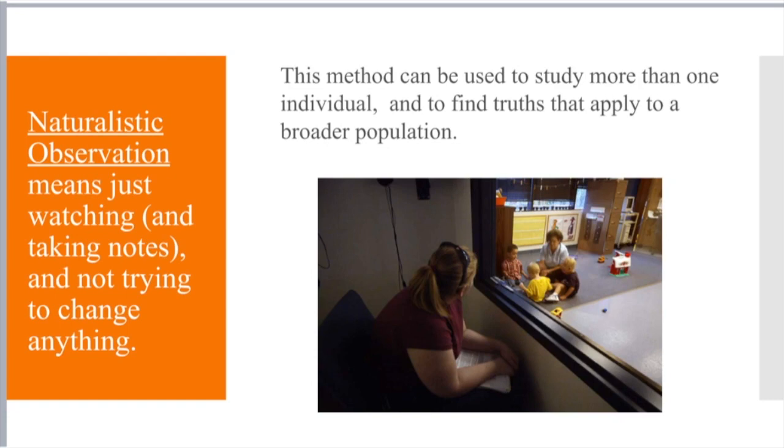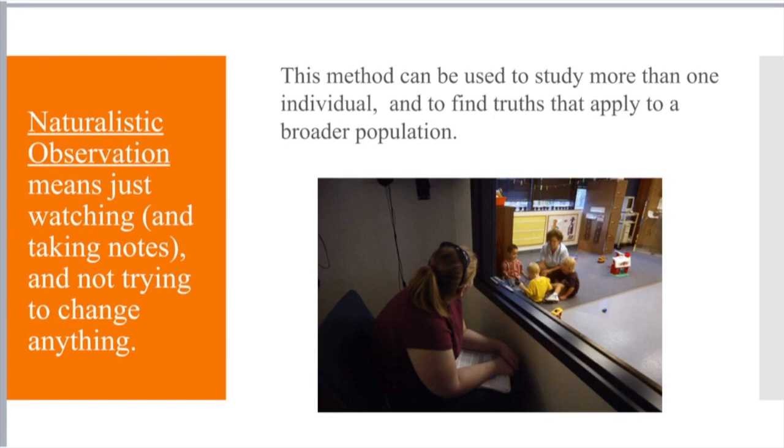Are kids who are engaging with ethnically diverse children engaging in a different manner than those engaging with people of their own ethnicity? We're putting kids, or whatever our subjects are, in kind of a looking glass and figuring out what these interactions are like, what these behaviors are, and where they stem from.